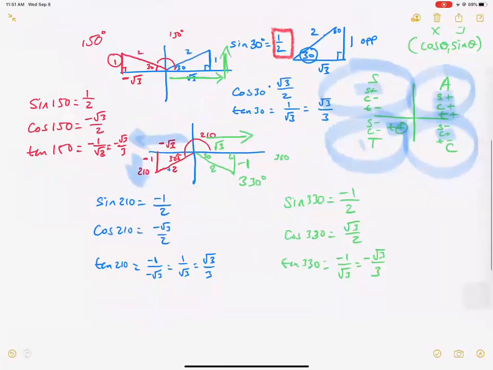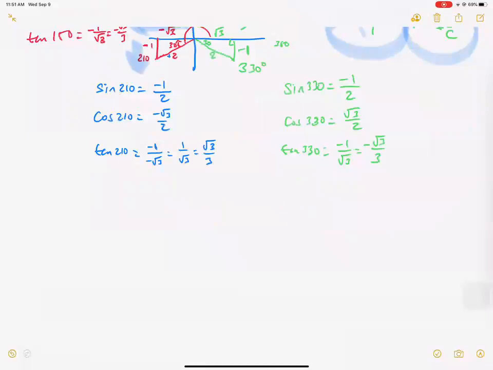So if I ask you this follow-up question, what is the sine of 150 degrees? Whoops, we did that one already. What's the sine of 244 degrees? Positive or negative? Would this be greater than 0 or less than 0?